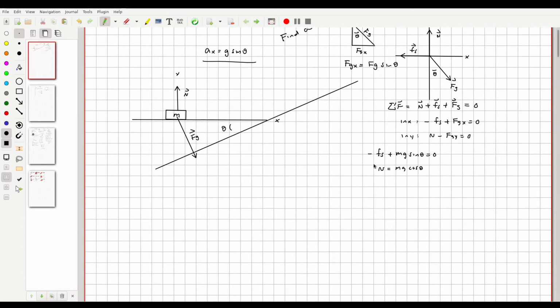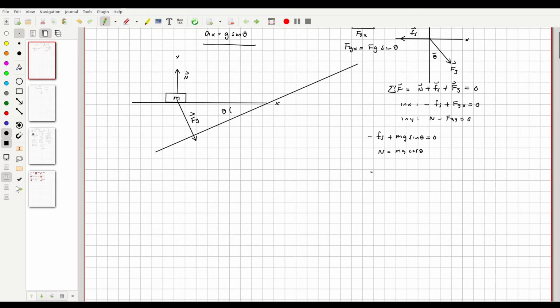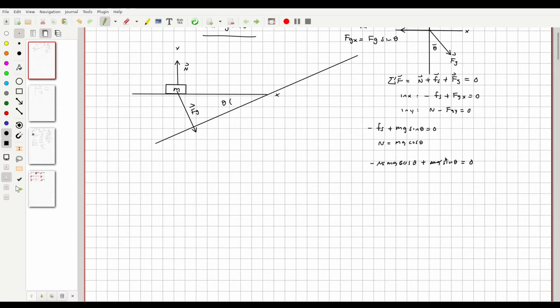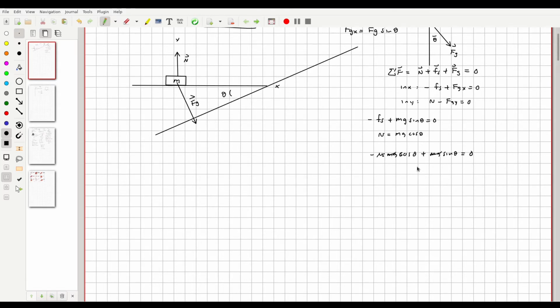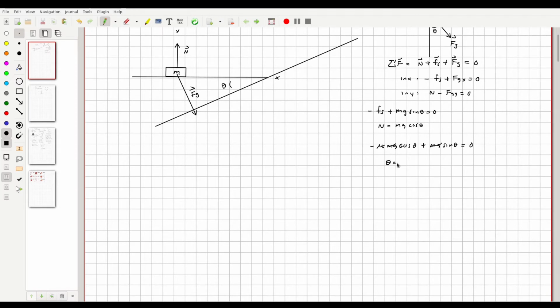And now we can plug in the form of F sub s as mu sub s times the normal force. The normal force is mg cosine of theta, rather, plus mg sine of theta. You get all these cancellations, and then when you solve for the angle, what you end up with is that you need to take the arctangent of mu sub s.